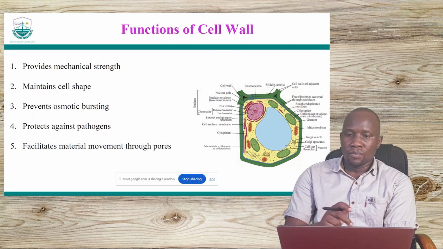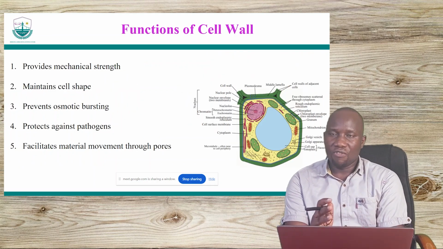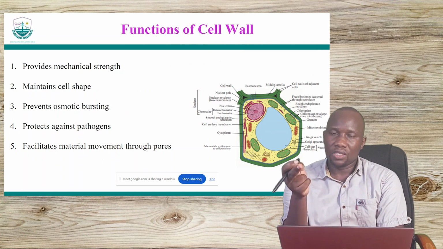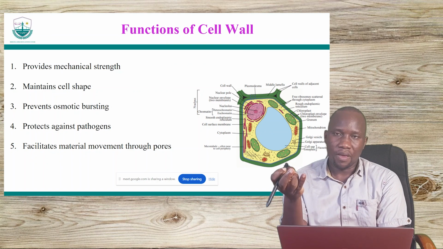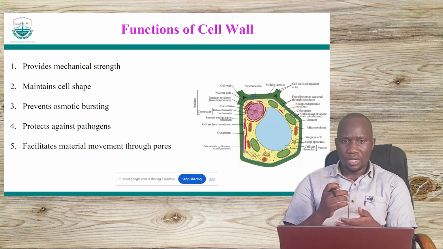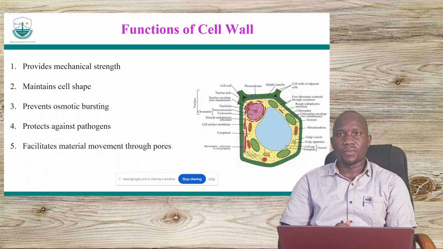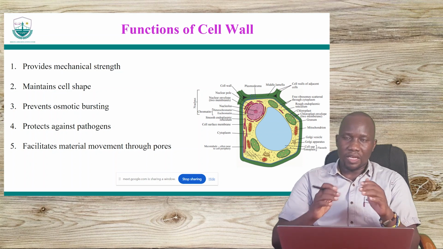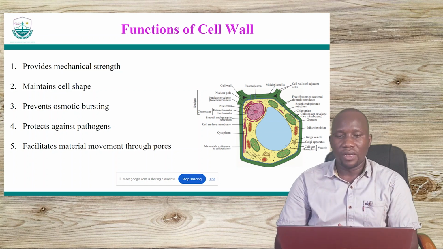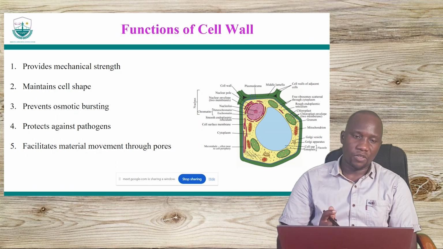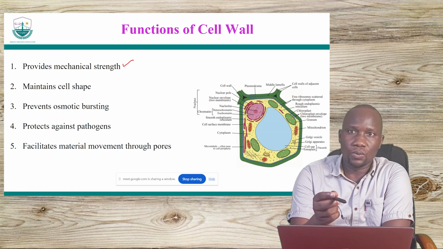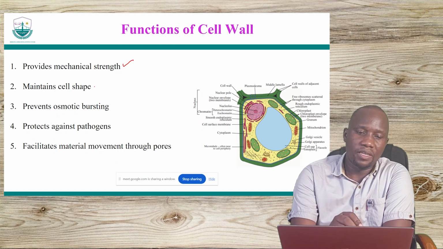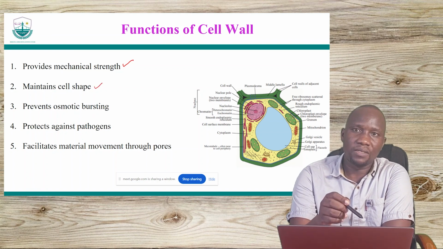Okay, so three major functions: support, maintaining shape, and also issues to do with maintaining the integrity of the whole cell. Okay, so support is what you can term as mechanical strength, maintenance of shape. We have looked at that.